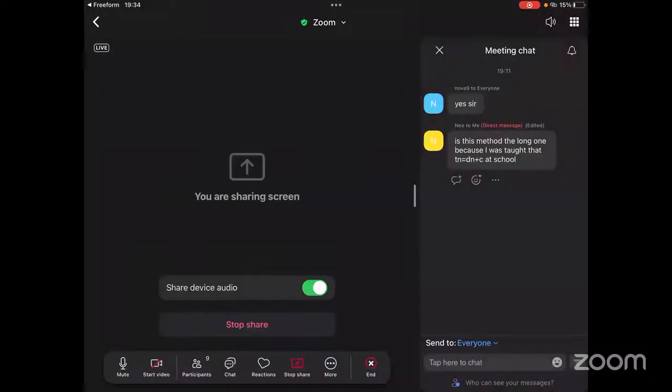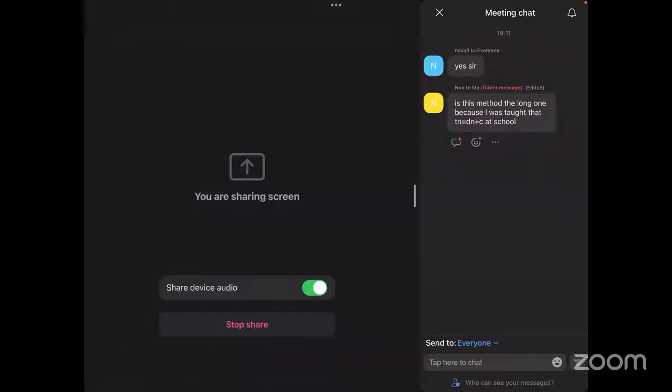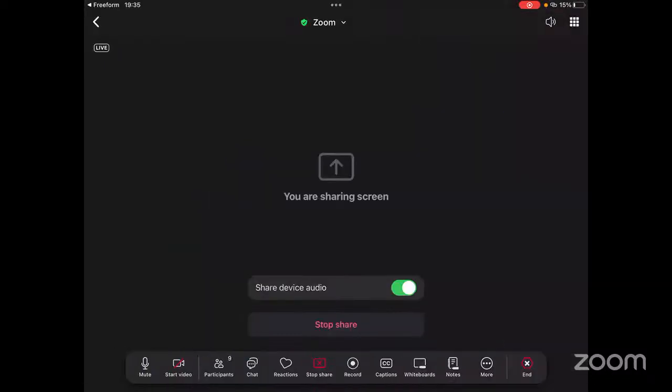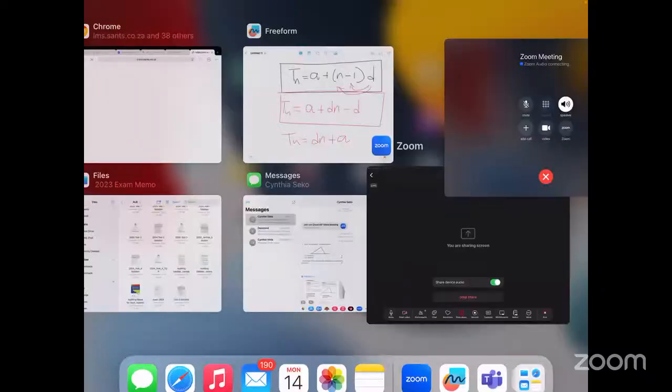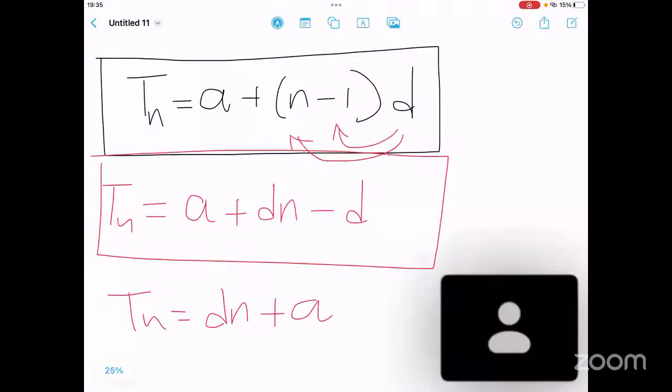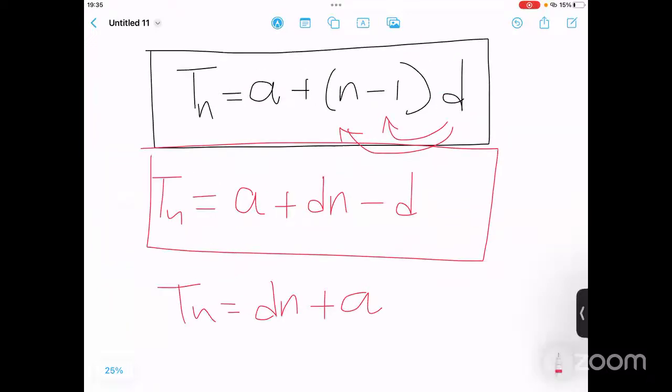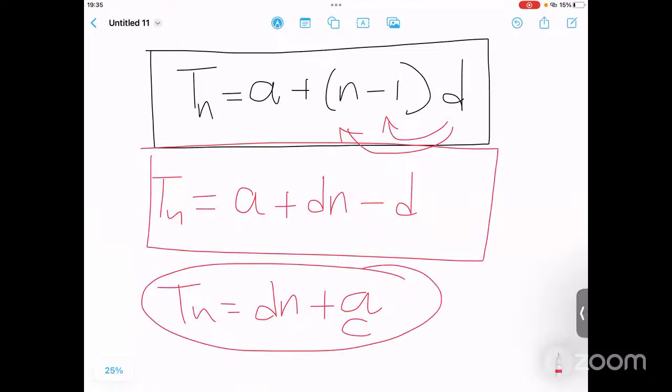Tn equals to Dn plus C. See, now you are having it that short, but on your side you have C there. So I'm just writing this so that the other honorable members can understand what you are trying to explain there.